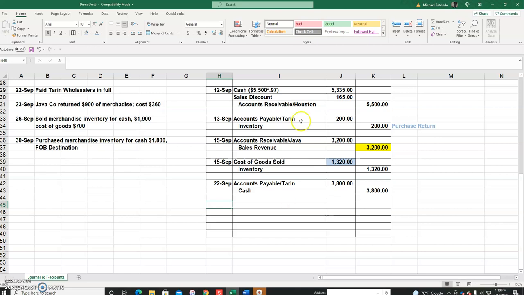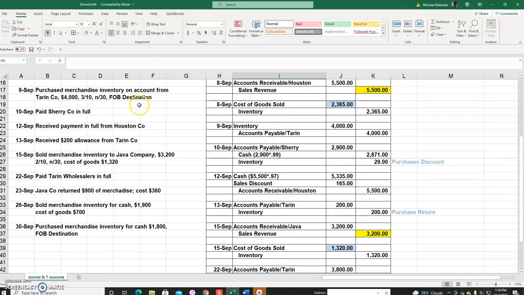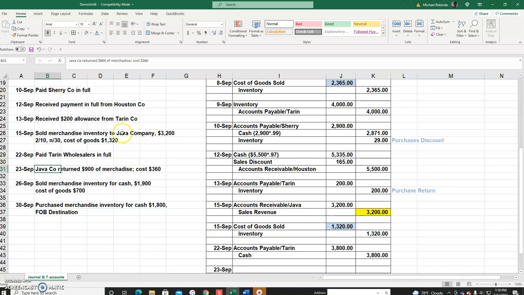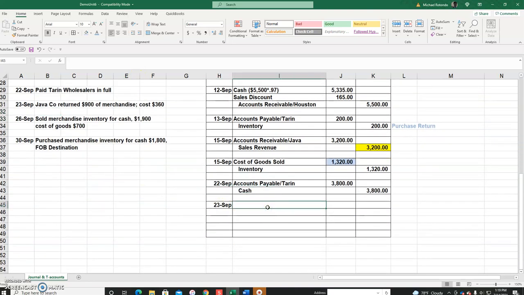Okay, so now on the 23rd, Java returned $900 of the merchandise to us. Java was a company that we sold merchandise to of $3,200. They're now returning $900 of it. So what we need to do is first take in the inventory that they're returning. Now we may end up returning it to the wholesaler. We don't know why they're returning it. It doesn't tell us.